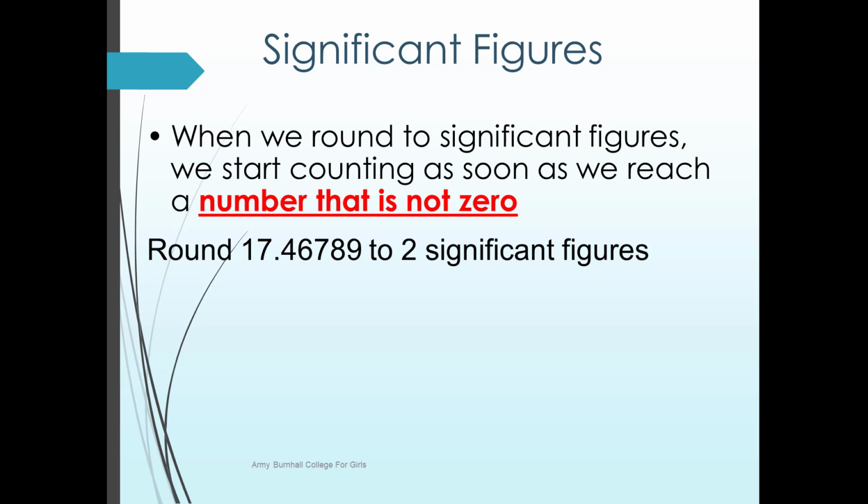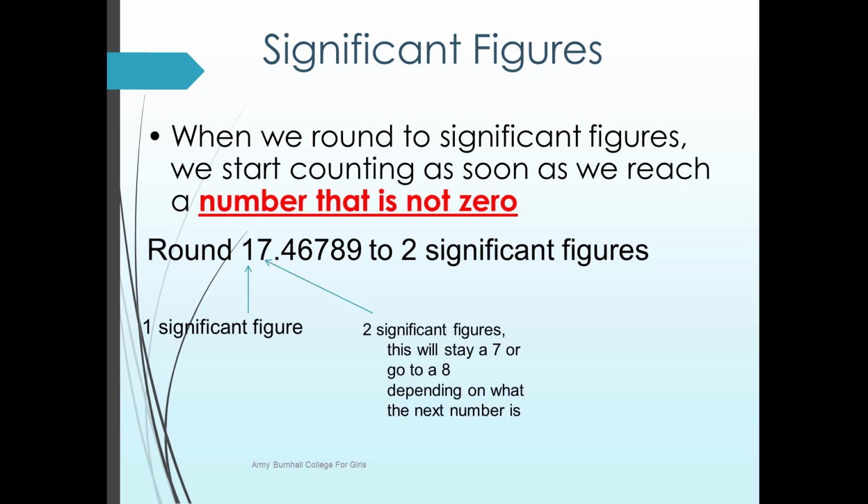It is not two decimal places, rather it is two significant figures. See, this is the first significant figure, and 7 is the second significant figure. We have to round off just to two significant figures.